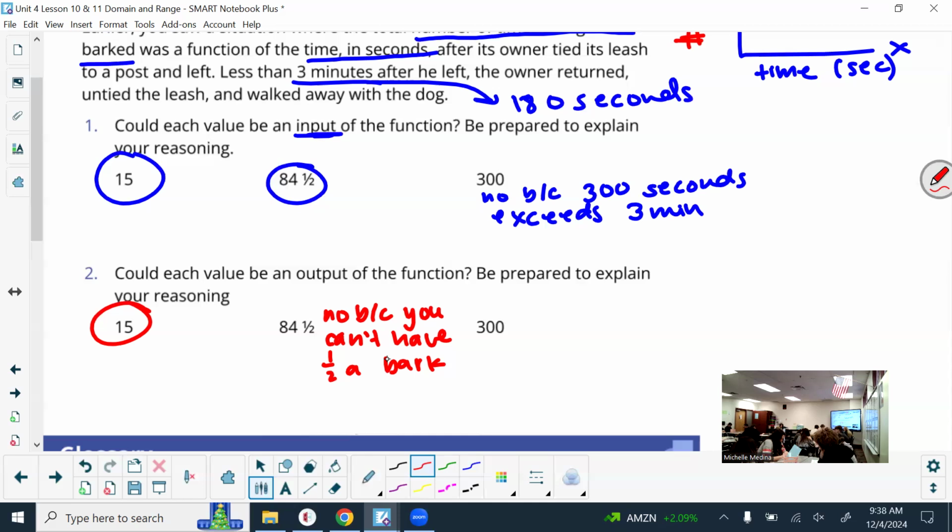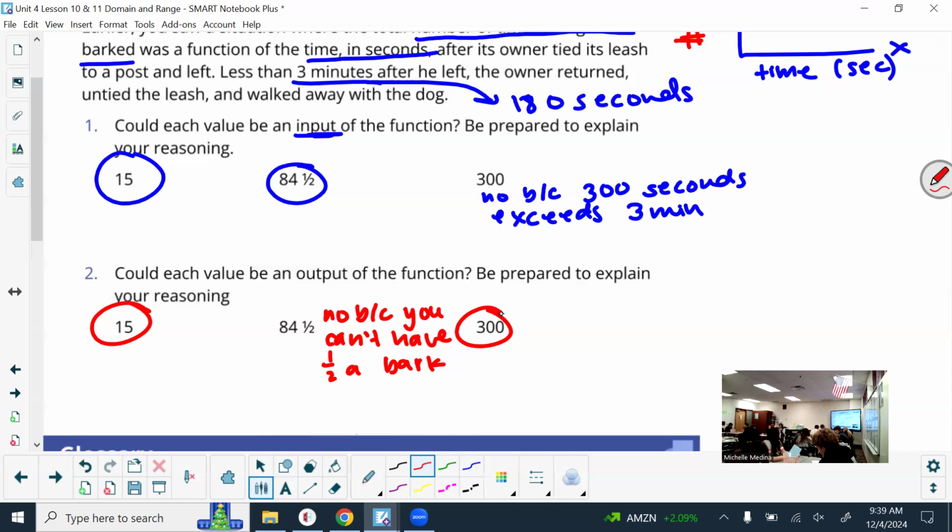If we said maybe 1,000, that might be more unlikely. So you could probably make a good argument for or against. I do think it's possible. If we did 2 barks a second, let me do 2 times 180 real quick. I'm pretty sure that's over 300.